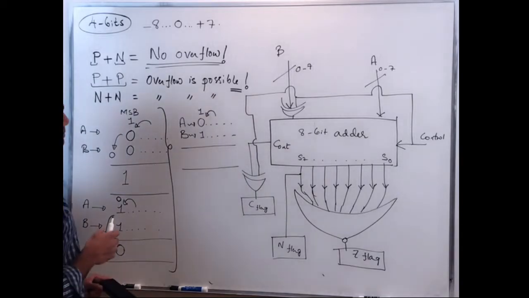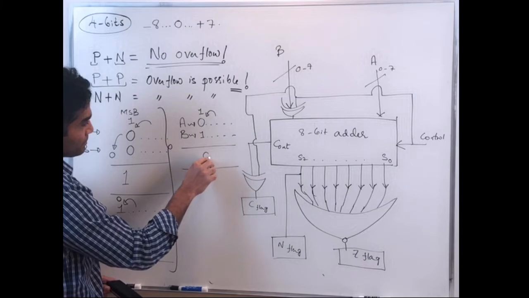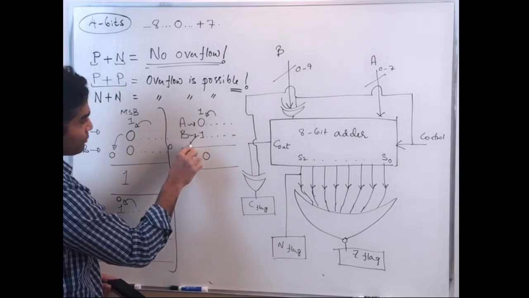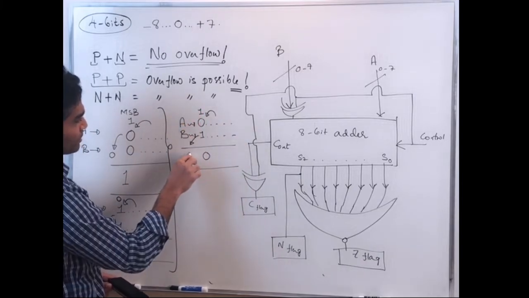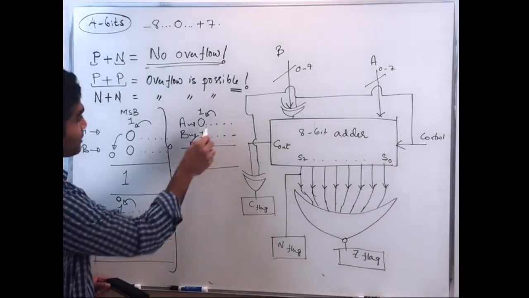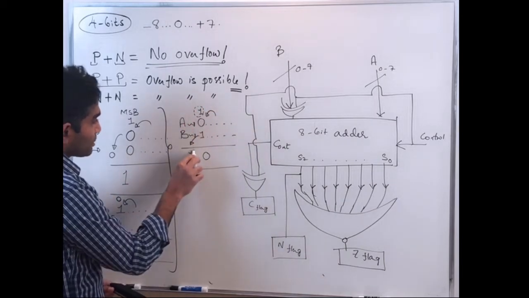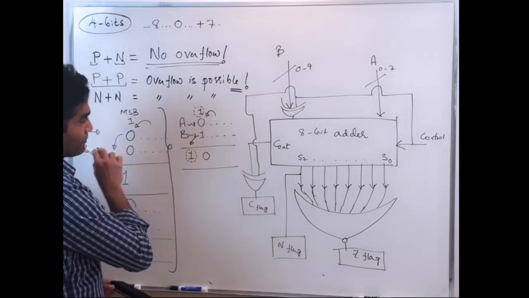So that will give me a 0 here, and the C out of the most significant bit position is a 1. Right? The Cin to the most significant bit position is a 1, and the C out of the most significant bit position is also 1.